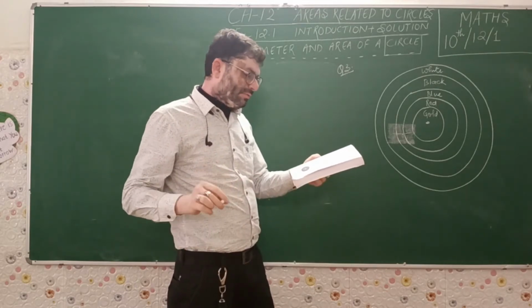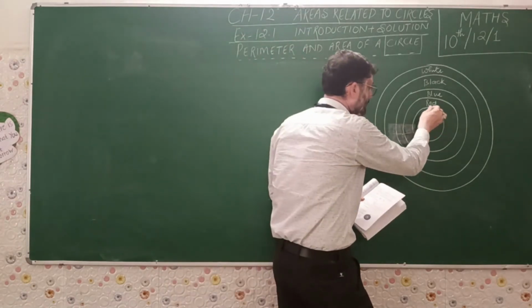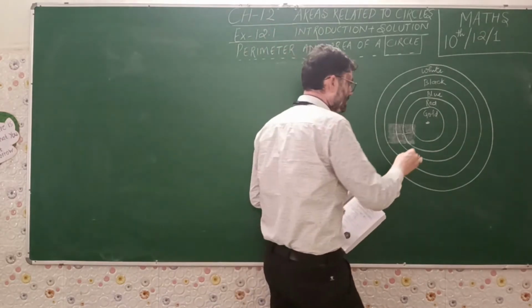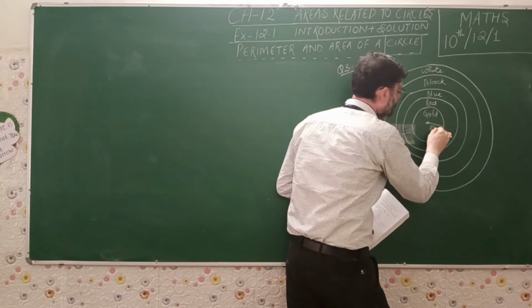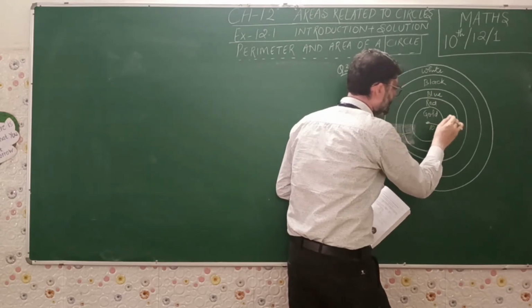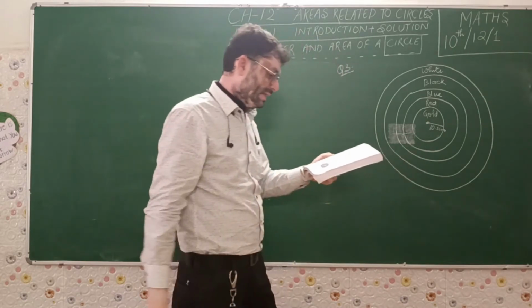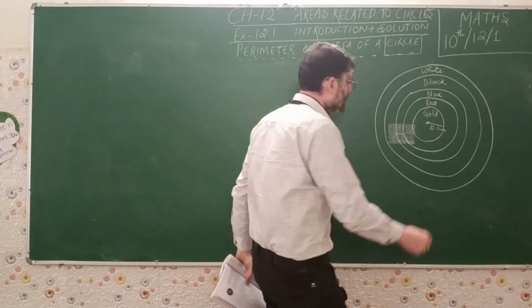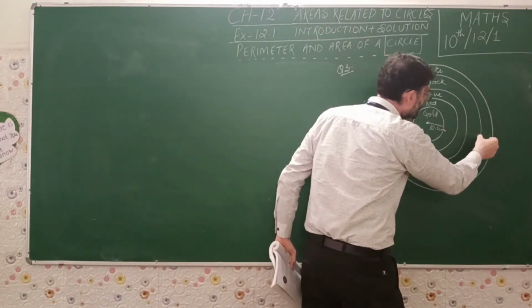The diameter of the region representing the gold score, this circle, is 21 centimeters. So we can say the radius is 10.5 centimeters. And each of the other bands is 10.5 centimeters wide.